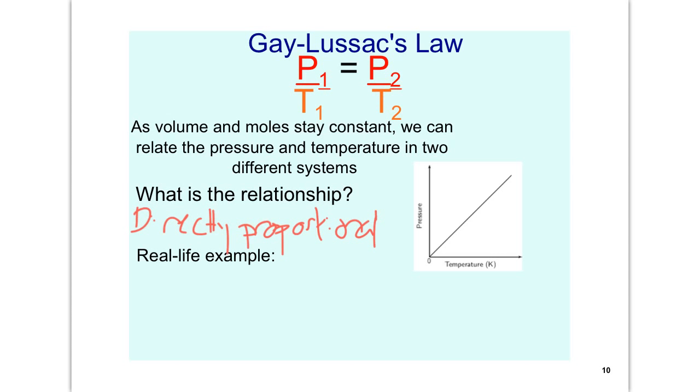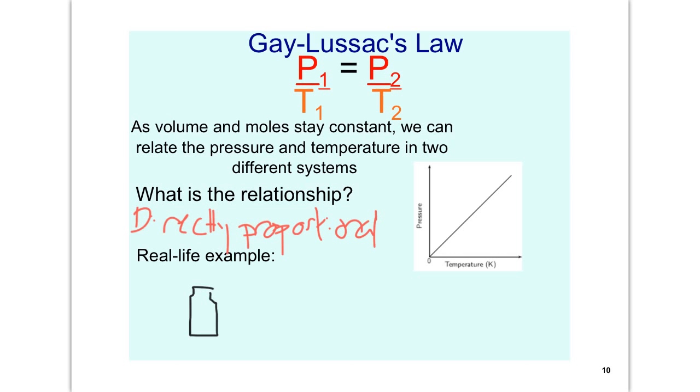One of my favorite real life examples that most of us have experienced, and it even helps hold true this idea of volume and moles staying constant, is to actually picture your can of pop. We've all probably done this at some point where you take your can of pop and you leave it in, I don't know, a car on a hot day. What happens?